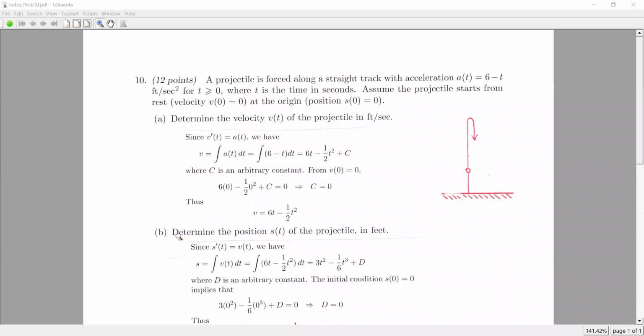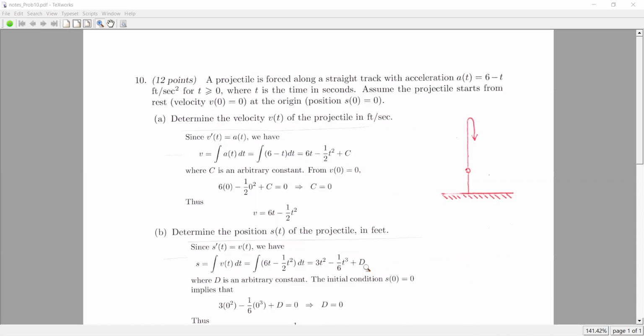Part B. Determine the position of the projectile in feet. Since the derivative of position is velocity, position is antiderivative of velocity. Plug in this result in V, then I have this equation. Antiderivative of this function is this function. Then add an arbitrary constant.